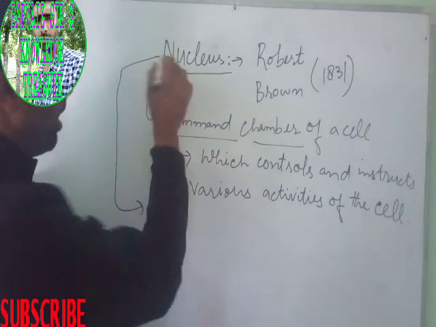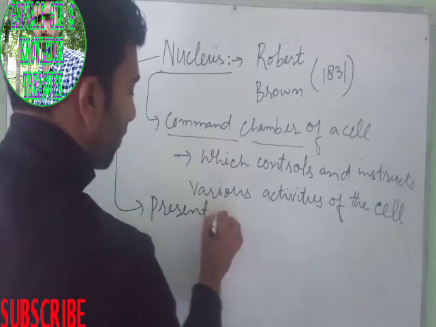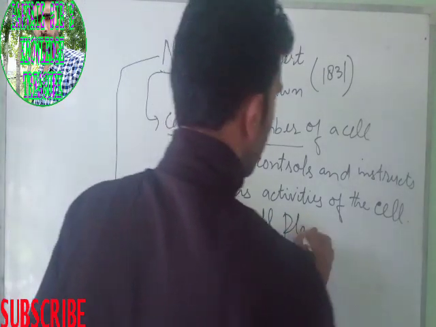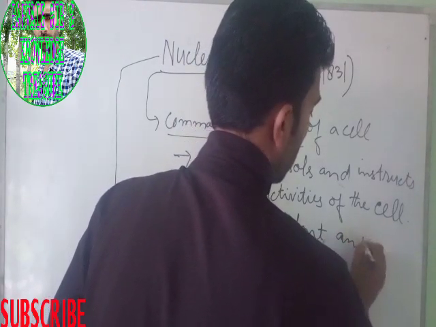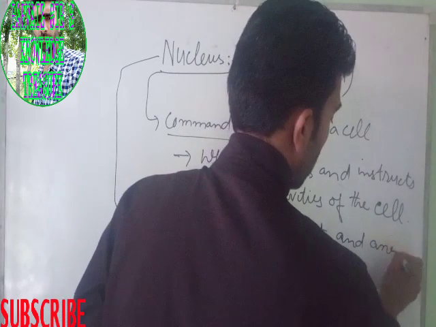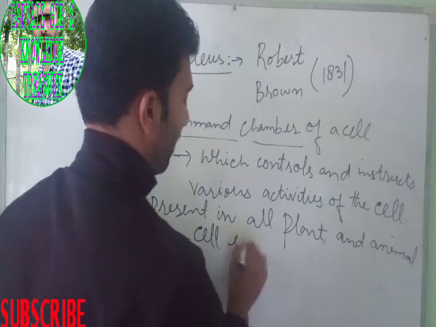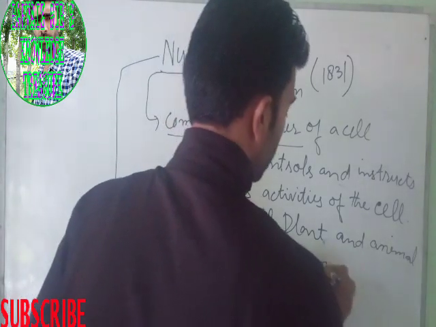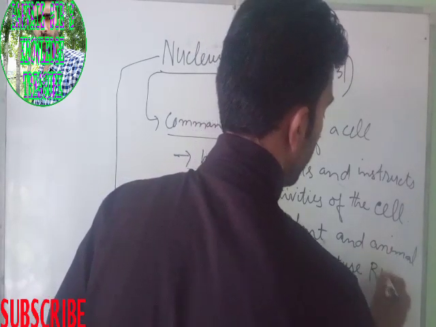Now, nucleus is present in all plant and animal cells, except mature RBCs of mammals.